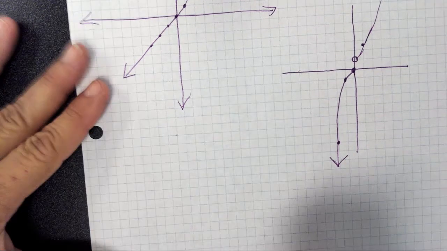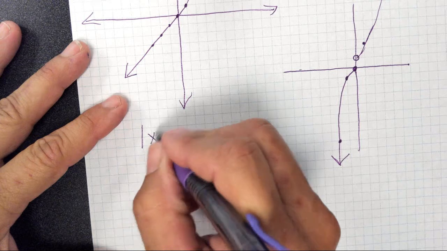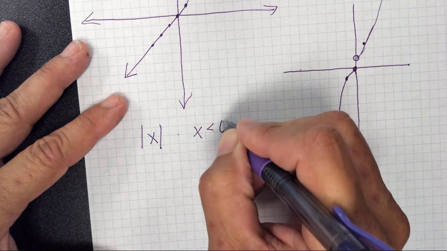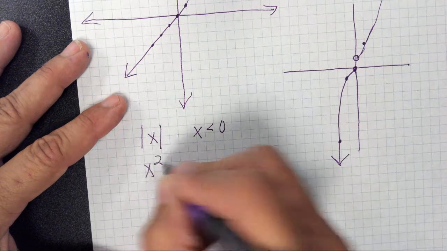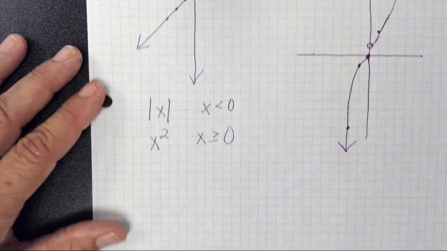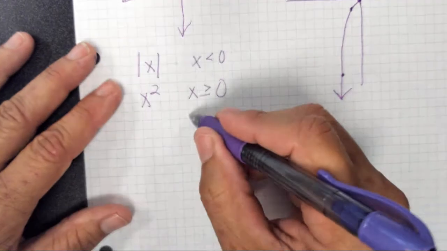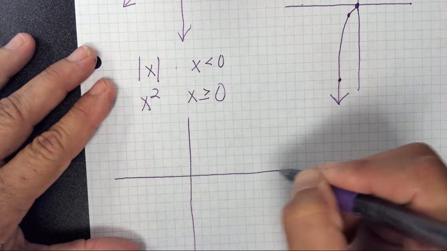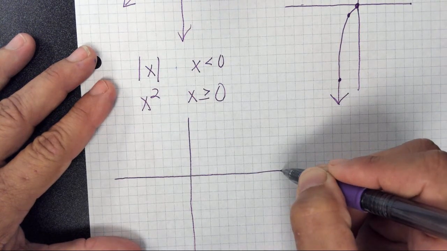50. What does it want me to graph first? Absolute value. And then what does it want me to graph? Parabola. So I want the left half of the V and the right half of the parabola, correct?